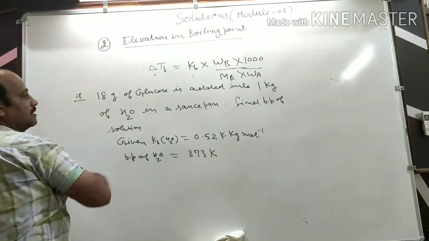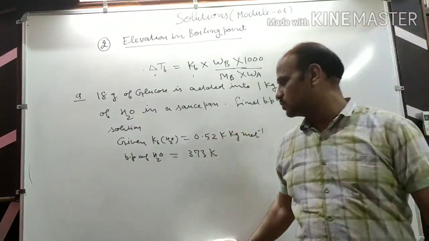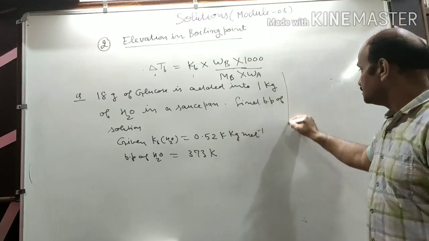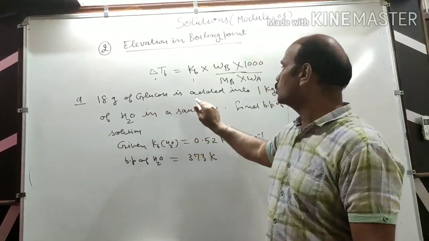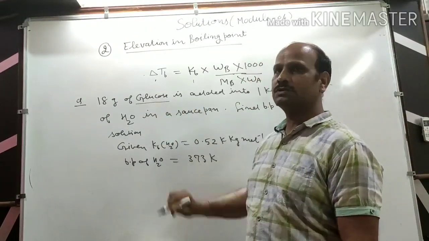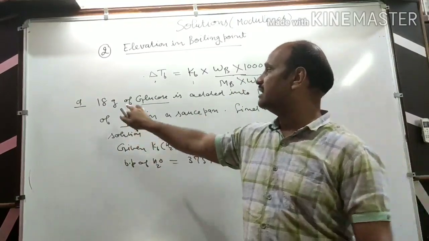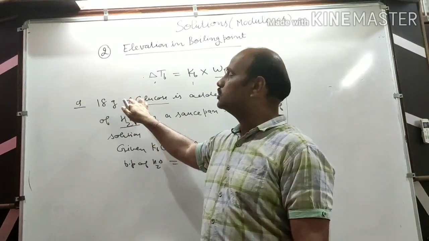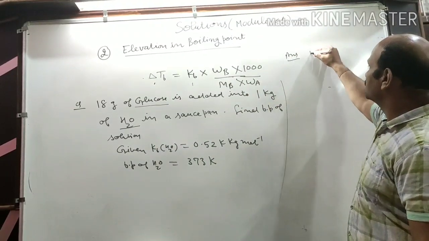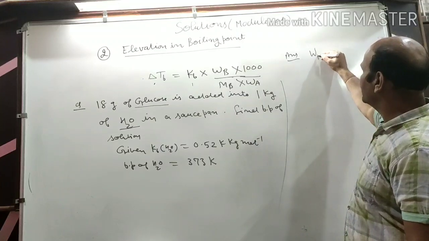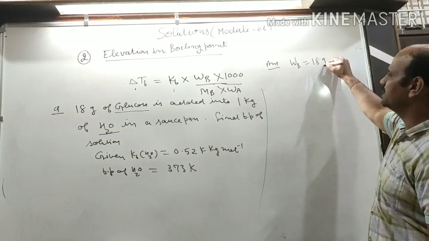This numerical has come 2 or 3 times in boards, so keep it in mind. First, discuss it. 18 gram of glucose: glucose here is the solute, and 1 kg water is the solvent. 18 gram means the mass of solute is given, that is WB, where B is for solute, given as 18 gram.